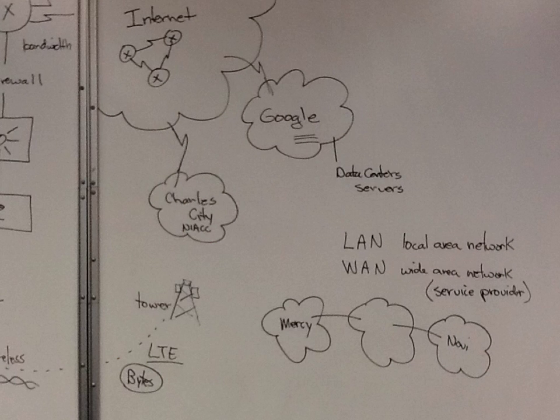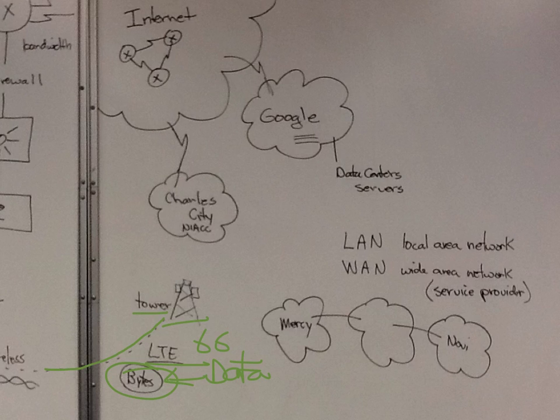This is the other half of the picture. First of all, down below here, you see the connection to a tower. Usually you measure how much data you're going to use, bytes, your data plan. You know, maybe it's 6 gig.